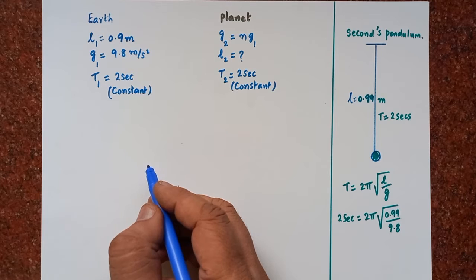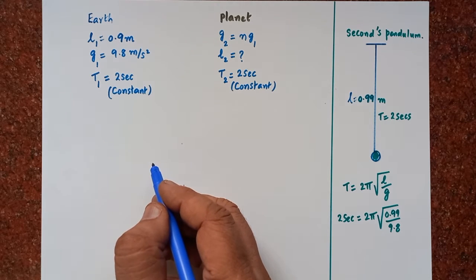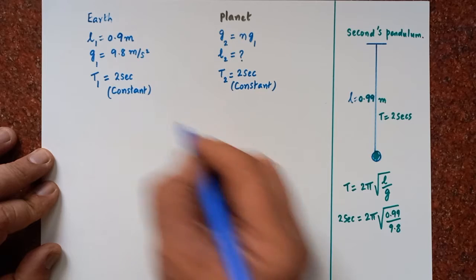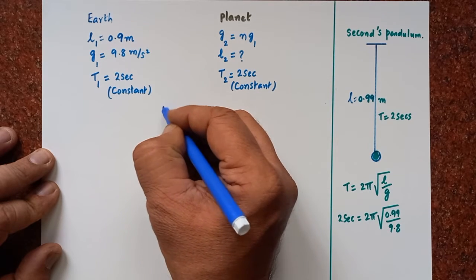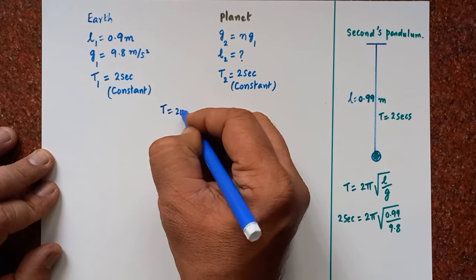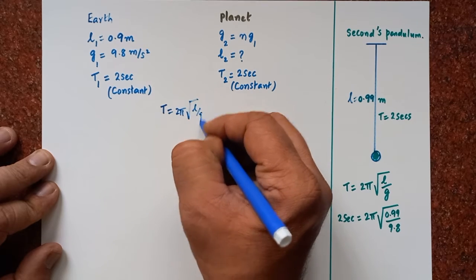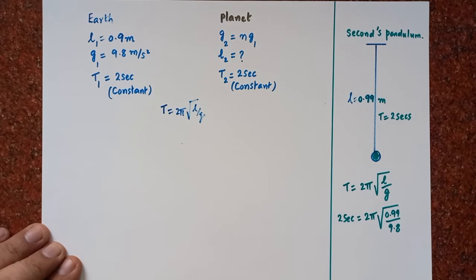How to start? Now we have to follow the steps. Here we know the general formula for time period. Let me write the formula again. T is equal to 2 pi square root of L by g, that is the formula.